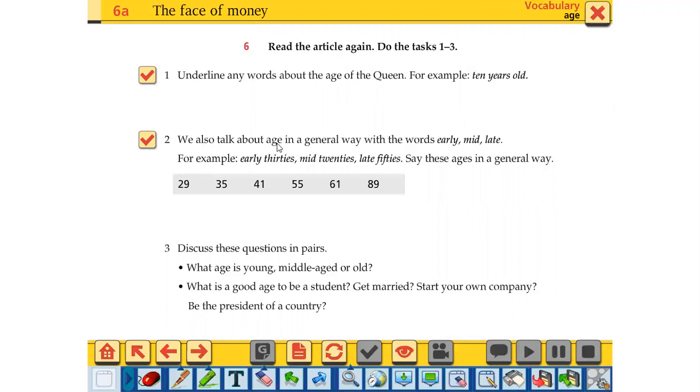We also talk about age in a general way with the words early, mid, late. For example, early 30s, mid 20s, late 50s. Say these ages in a general way. Okay.